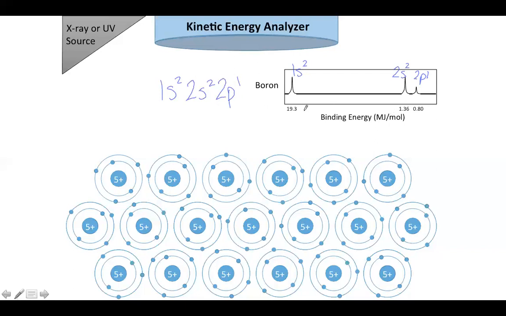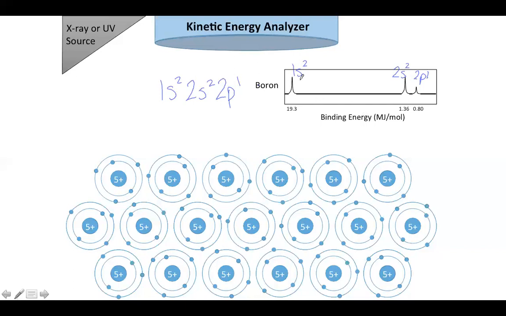All right, so if they didn't tell you this was boron, they might ask you to identify the element based on this photoelectron spectrum. You can get the peaks just by going in order, but to determine the number of electrons in each of these peaks, you'll want to look at the heights of those peaks.